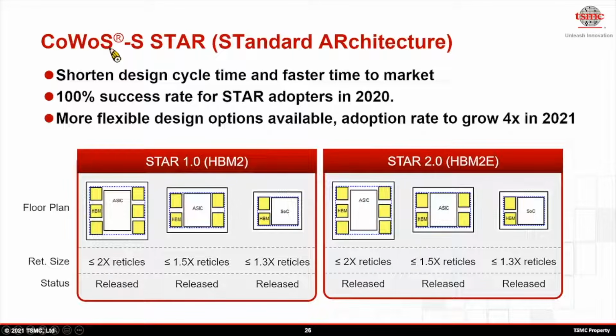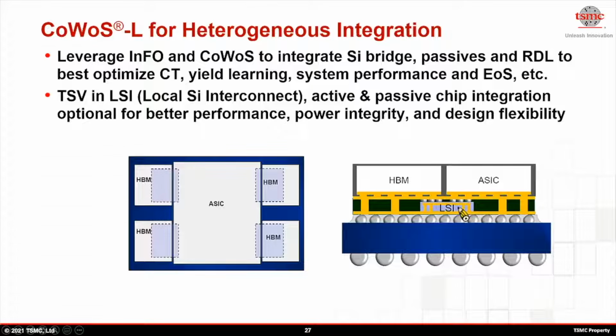We will provide more flexible design options, and we expect adoption rate will grow 4 times this year. In addition, we would like to unify our 2.5D solutions for high-end HPC applications with CoWoS-L to best optimize cycle time, yearly learning, system performance, and the economics of scale, etc.